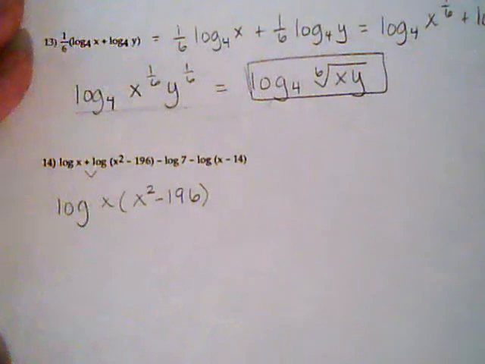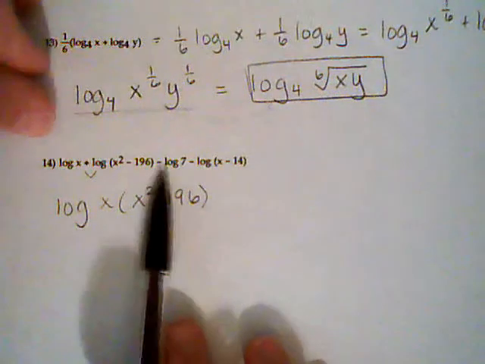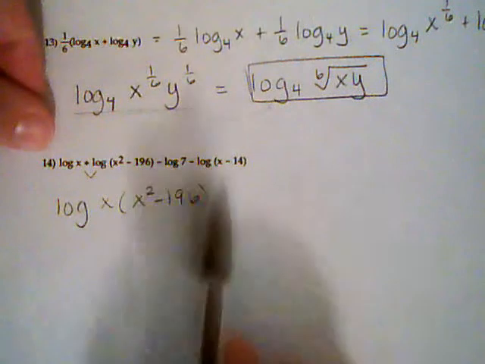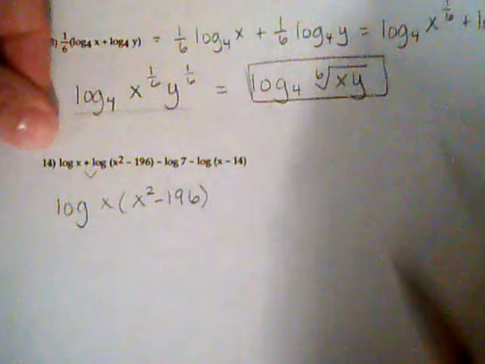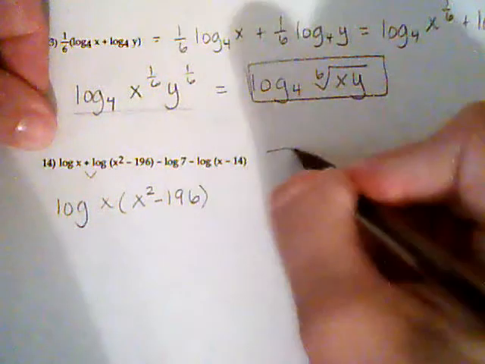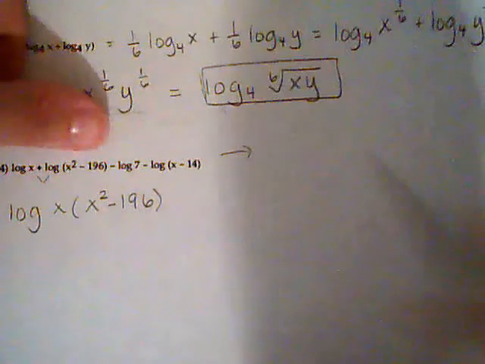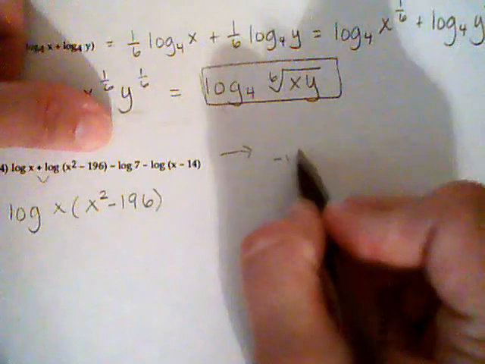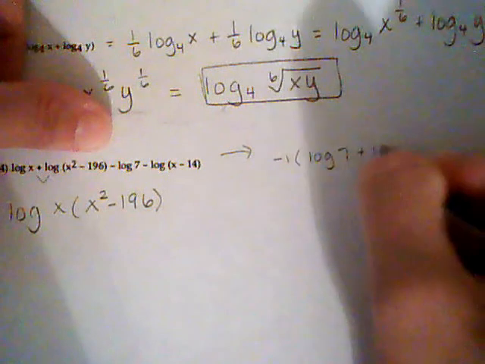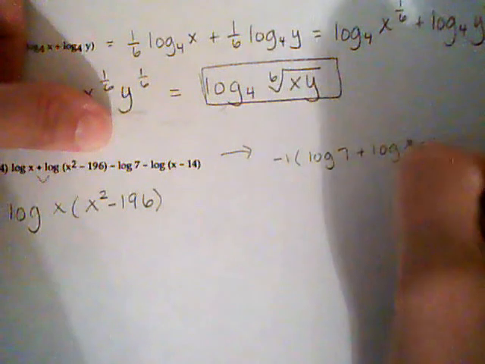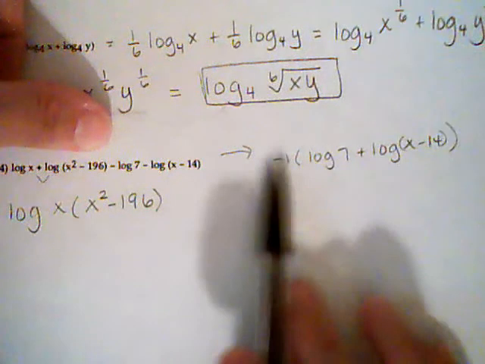Okay, because we're subtracting, this means I would have a quotient. And notice both of these are being subtracted. So just think for a minute, if I were to come over here to the side, if I factored out a -1 from this amount, it would give me log 7 plus log of x minus 14. So kind of think about it in those terms.